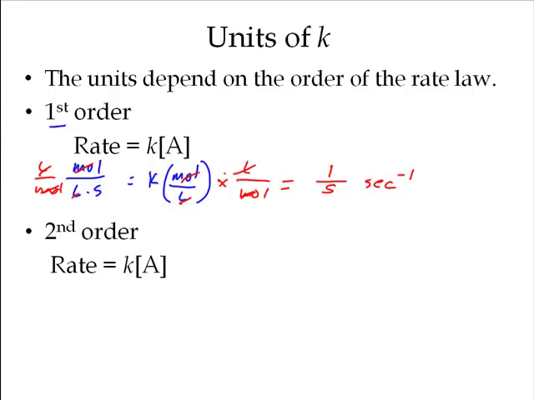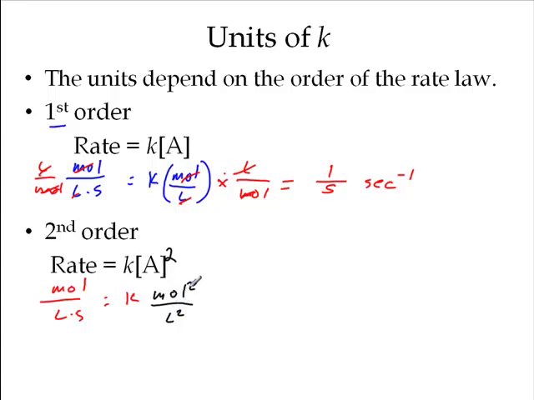What about second order? Well, again, rate is in moles per liter seconds. There's k, and then oh, you know what? I've got a little mistake here, a little typo. This should be squared. If you're yelling at the screen catching me there, I appreciate the help. So moles squared over liters squared. Now again, this is going to cause some canceling out.